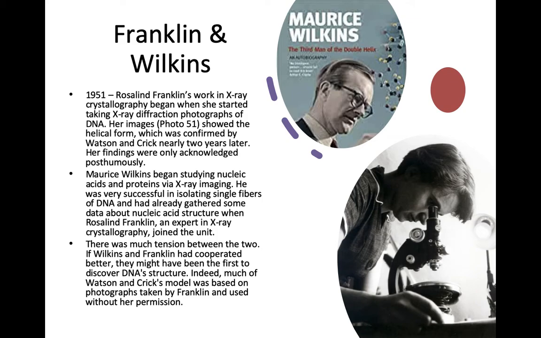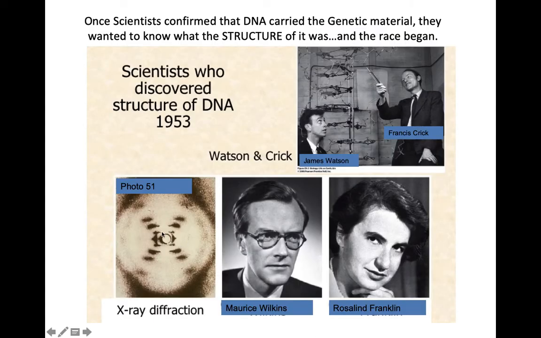So Photo 51 that I showed you before, this picture, was taken by Rosalind Franklin, and then Maurice Wilkins took Photo 51 and showed it to Watson and Crick when they themselves were trying to figure out the structure and shape of DNA. Now, before Watson and Crick looked at Photo 51, they had the shape of DNA kind of inverted.